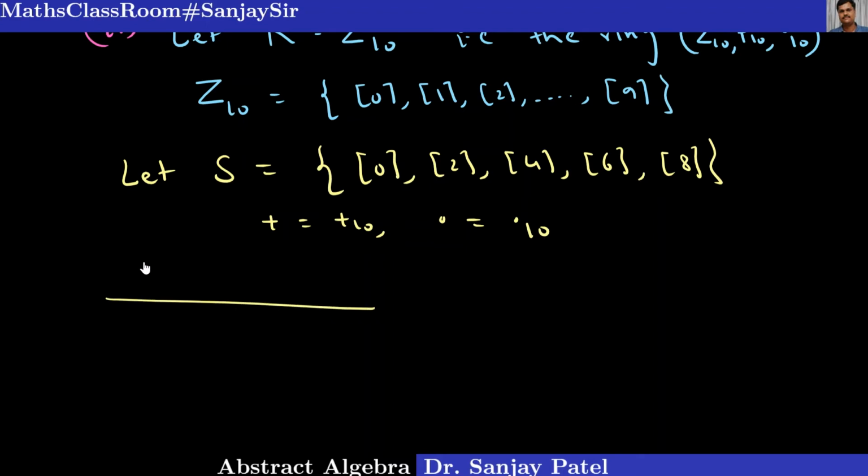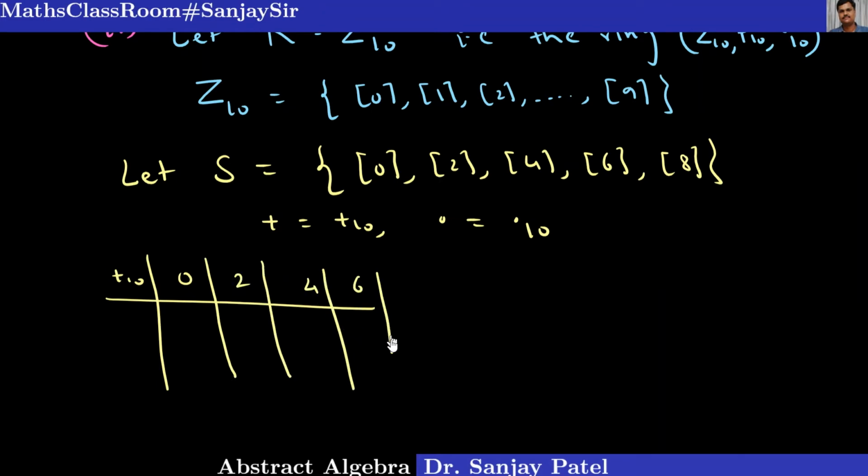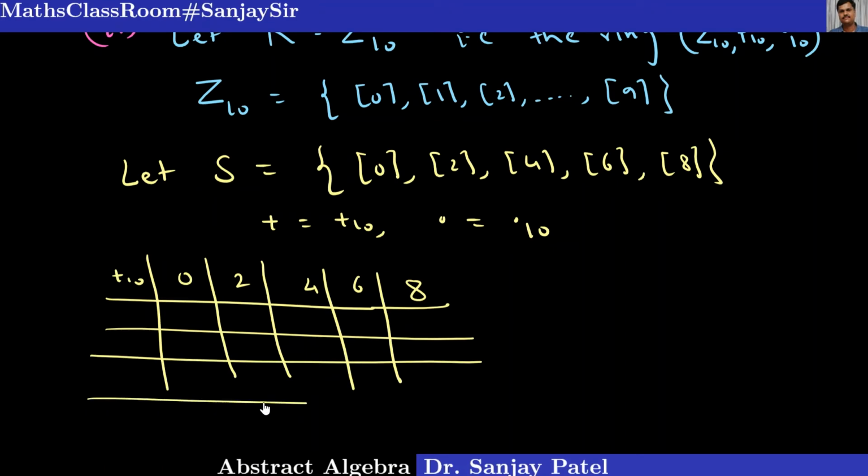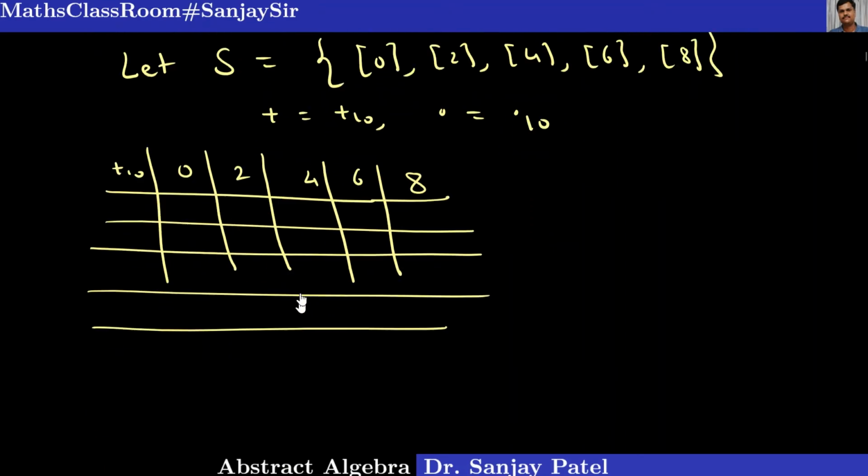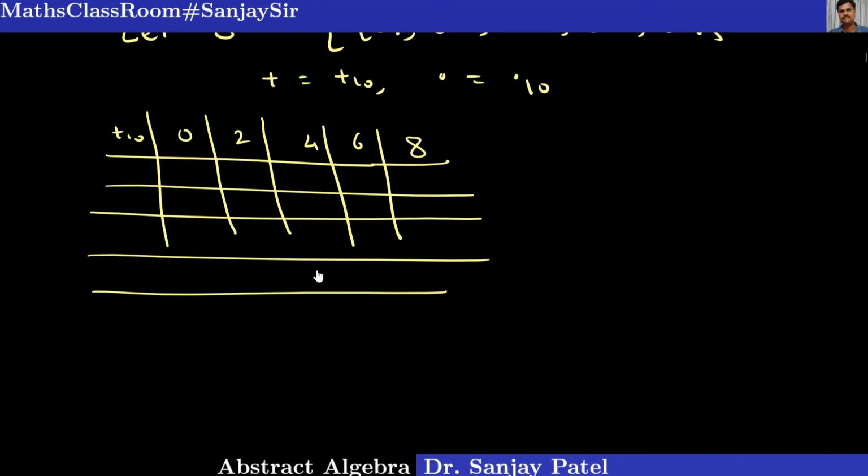So if I take this plus 10 and write all the elements, let me write without the square brackets: 0, then 2, then 4, then 6 and then 8.